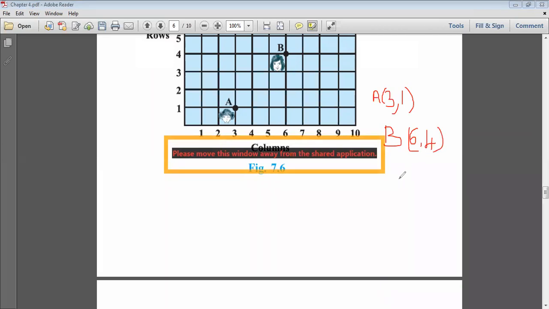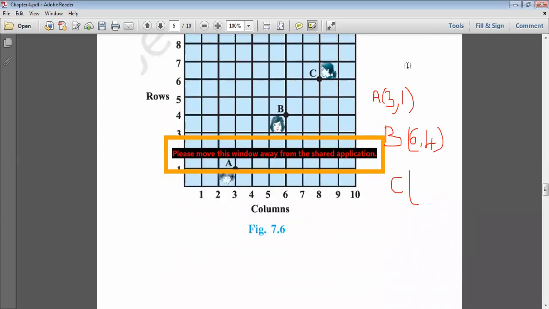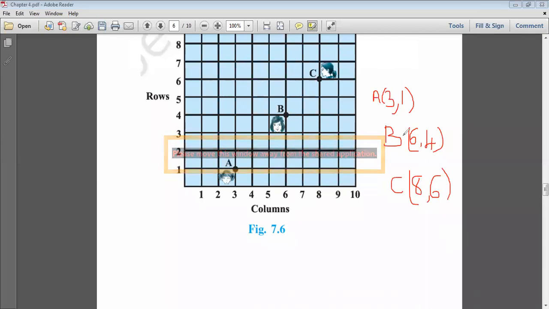And C? 8,6. Okay. So you have found all the points and named them. First you have to find the distance between these points. You have to find AB, BC, as well as AC. Okay. Let us see.